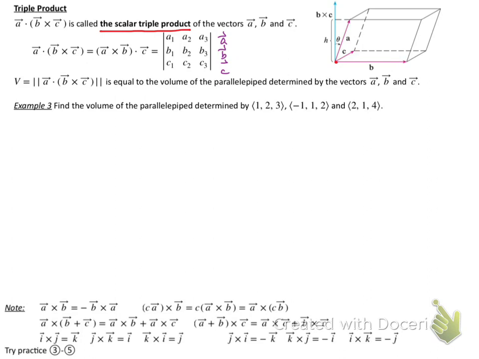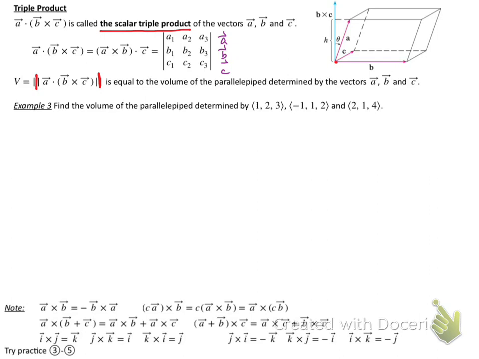And notice that when you are having the dot product, this is a number. And when you take the absolute value of the number, you are getting its volume, which is positive.